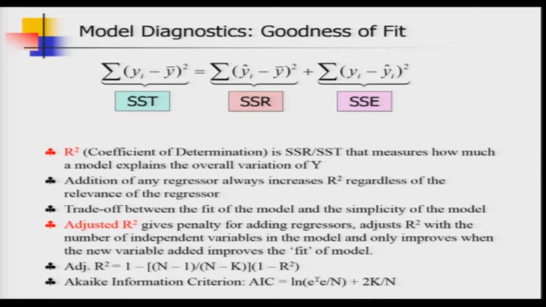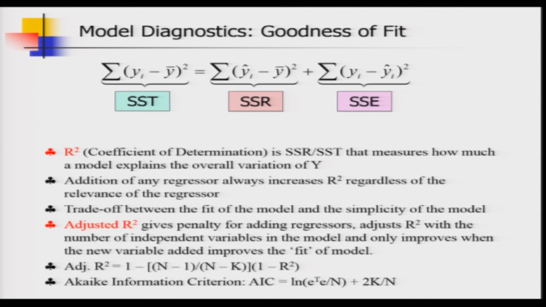Now, there is a measure provided by statisticians. Actually, there are multiple measures, but related to R square there is only one measure that is proposed by statisticians, which will help you to identify where you can stop. So, this adjusted R square measure addresses this trade off between the fit of the model and the simplicity of the model.